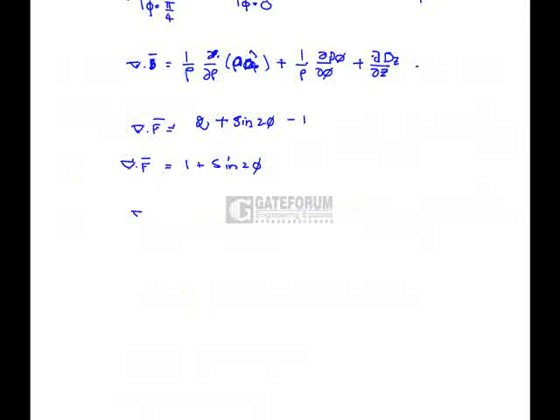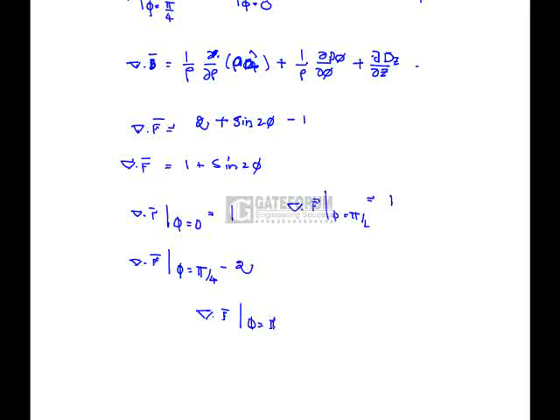So the divergence of f at phi equals 0 is 1, at phi equals pi by 2 is 1, and at phi equals pi by 4 is nothing but 2. Hence the divergence of f at phi equals pi by 4 is nothing but 2, so option D is correct.